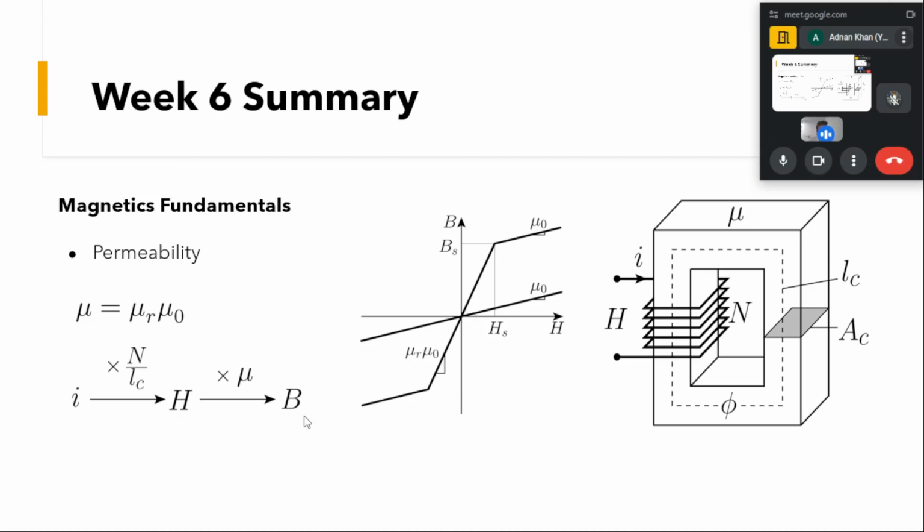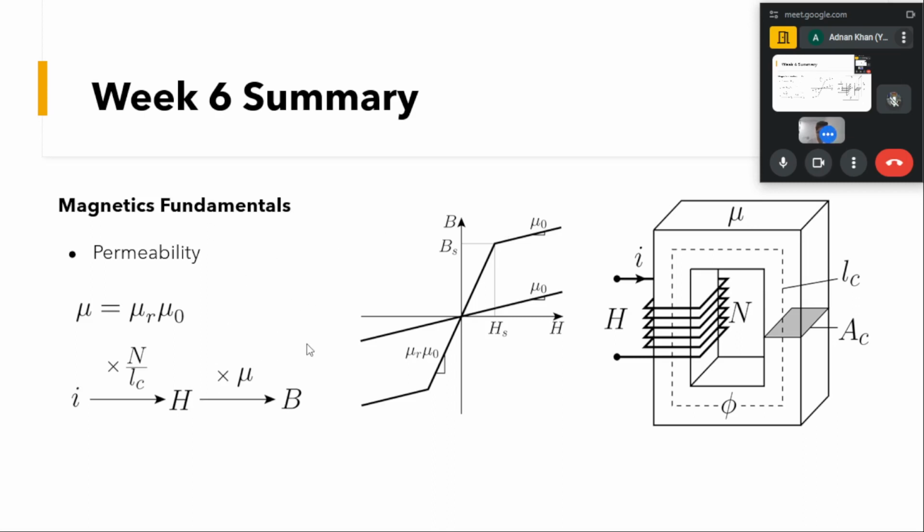Then we can calculate the magnetic flux density of the core if we multiply H by mu, where mu is the permeability of the core. For ferrite it is usually around 2000 to 3000, and it varies from one core to another.